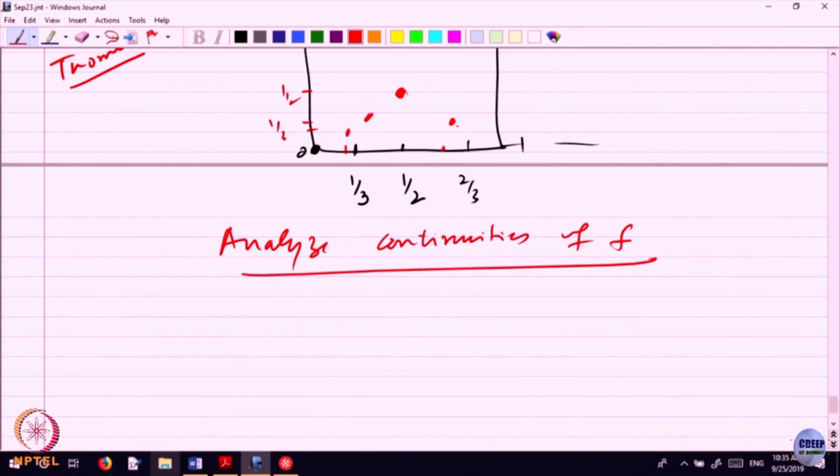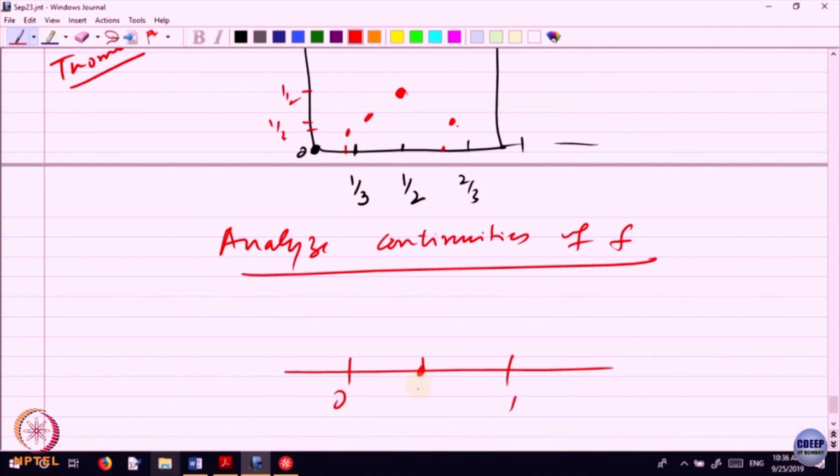Now supposing let us take x to be a rational point, the value will be 1 by q, right? Now the value at all irrational points is 0, right? So now given a rational point, here is 0, here is 1, this is a rational point, call it x0.